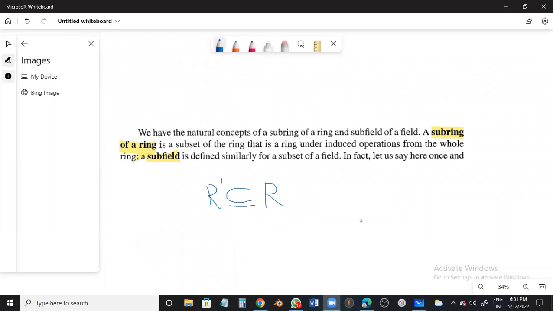Let me say it once more. Whenever we talk about any operation, we talk about its binariness. Just a minute, let me move to this side. What are the things required for any operation? Binariness. Unless it is binary, we don't proceed. Next, we want associativity.